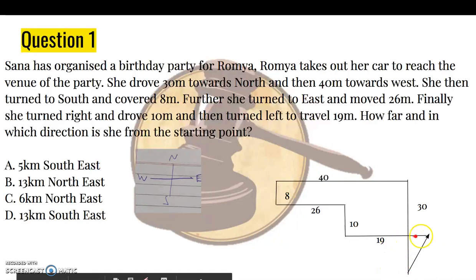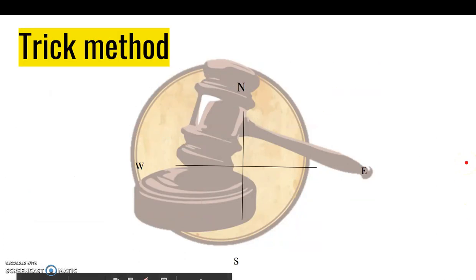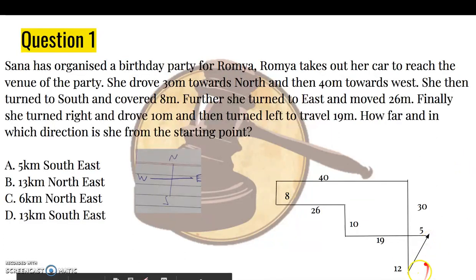For this part we will have to add 19 and 26 and subtract from 40, then we will get 5. Then for this distance, we will have to subtract 8, 18, 8 and 10 from 30, and then we will get 12, and then we will apply Pythagoras theorem and we will get our answer as 13. Alright, so this is the normal method.